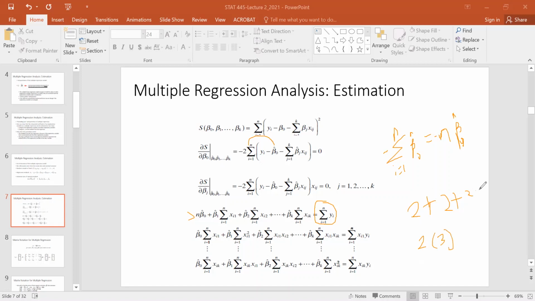If I sum this n times, the result is 2 times n. So if you sum a constant n times, it is just n times the constant. That is why you have n times beta 0 here, and so on. I challenge you, take your time and go through and see how they obtain this second term.